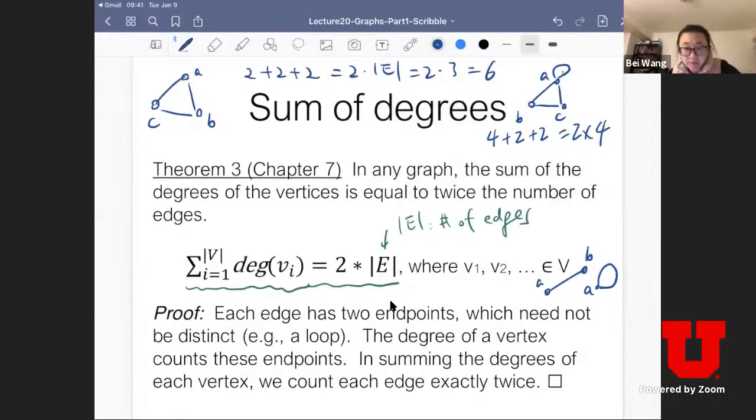And in summing up the degree of each vertex, we count each edge exactly twice. So what does this mean? This means that if I sum over all degrees of the vertices, it's effectively counting twice the number of edges. Therefore, that's the formula we tried to prove.